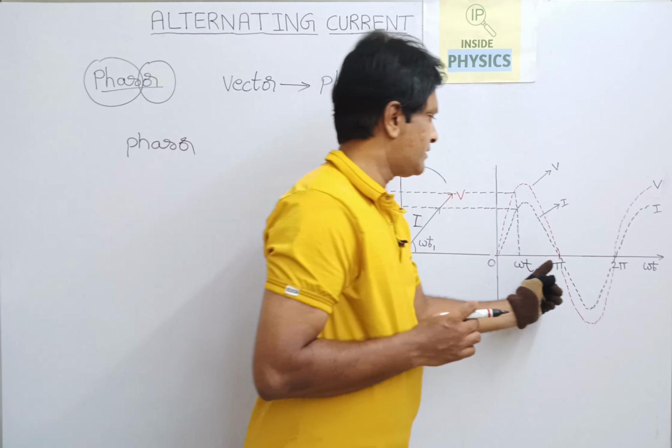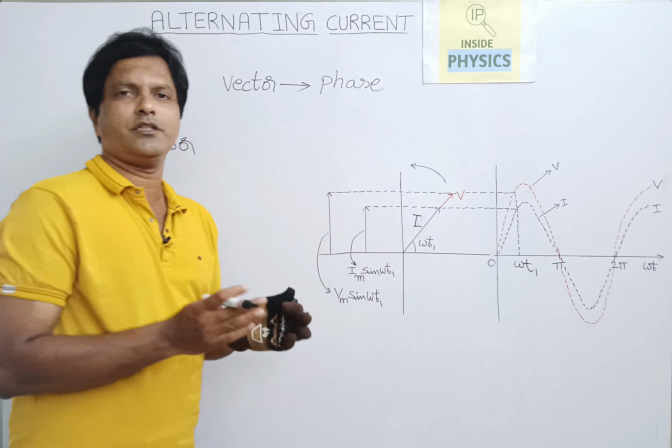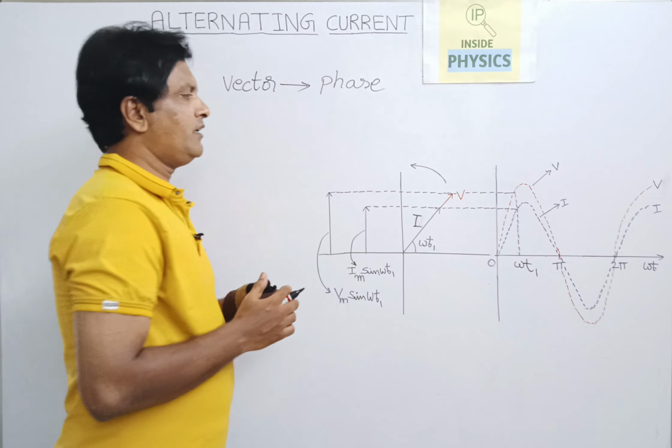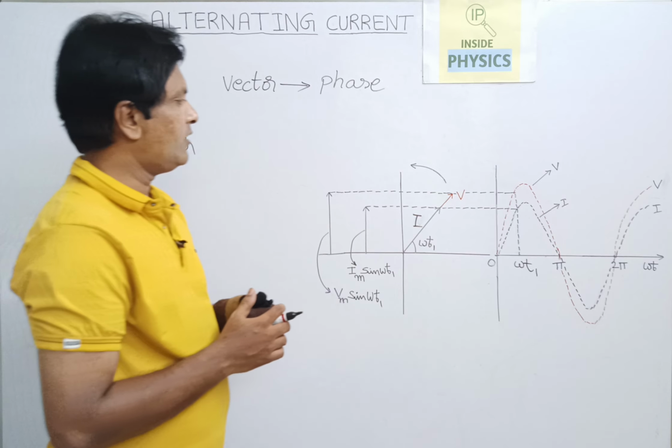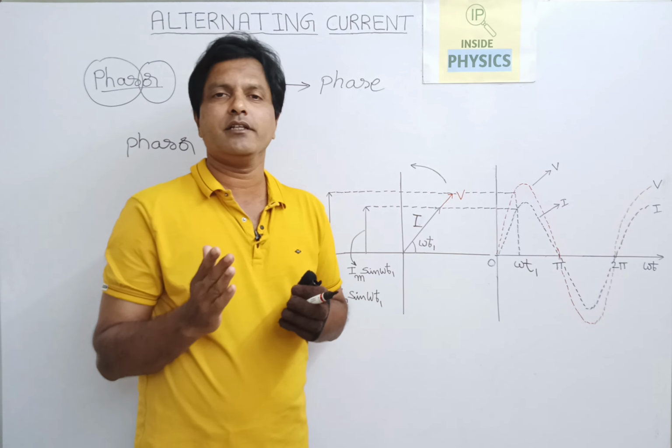The phase is the same at all points, so the phase angle between these two is 0. In this way the phasors can be understood.